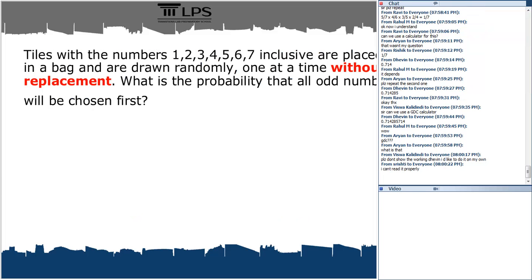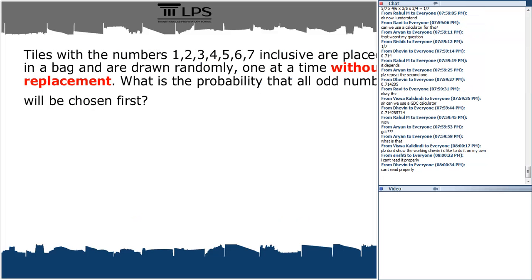Yeah, I'm reading the question. Yeah, Srishti, I'm reading the question. It's only that word without that has got cut in the slide. I'll have to check that. Because if I try to replace that now, it will take a lot of time. What is the probability that all odd numbers will be chosen first?